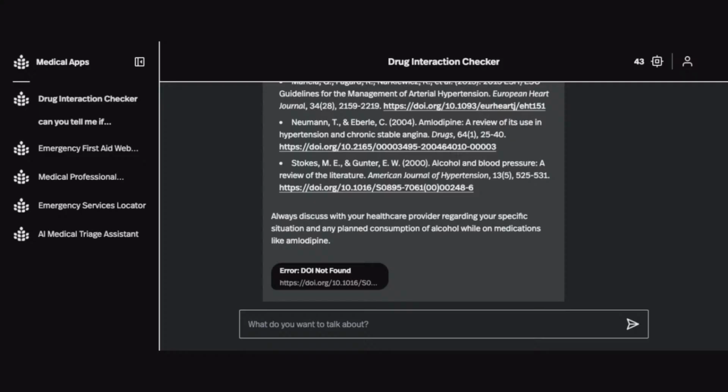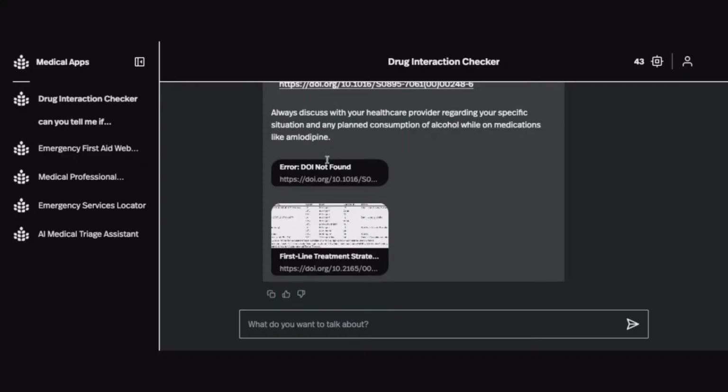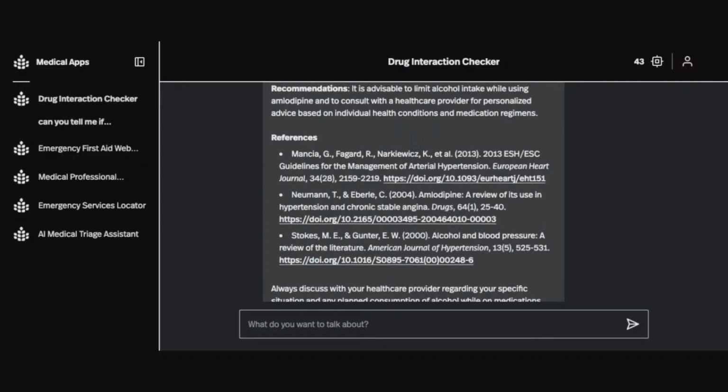You can absolutely just copy this output right here. Okay, it gives you the websites, the journal articles, and so on. We codified this app to use PubMed and major online peer-reviewed research sites. So the references you get here will be absolutely accurate and up to date.